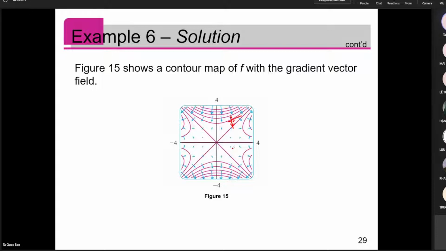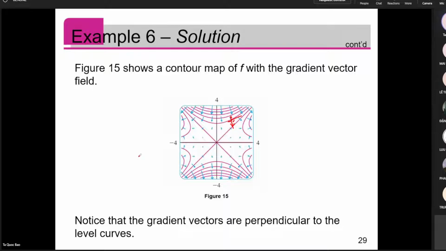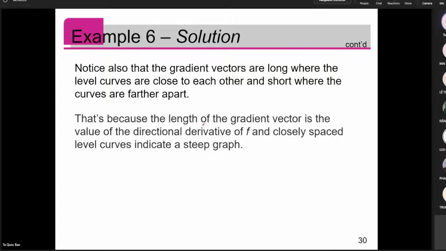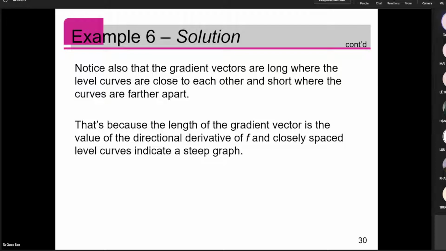So remember in the last chapter, the gradient vector is always orthogonal to the tangent of the curve. So such is an example of a special vector field, right? Okay.